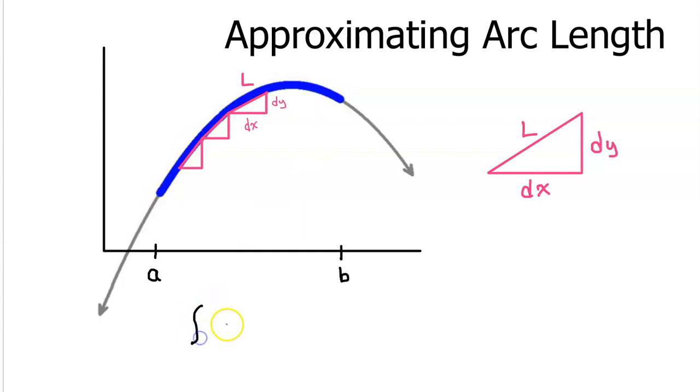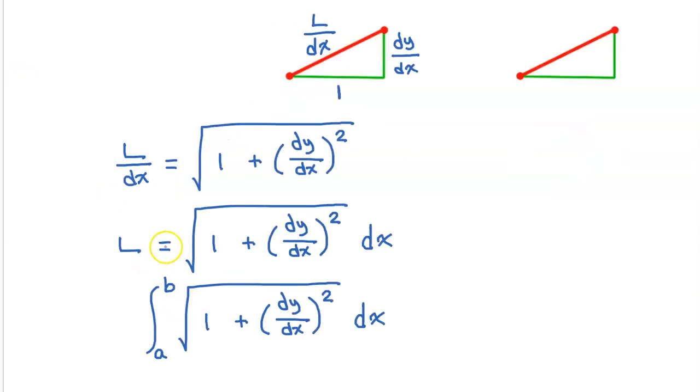So we need to integrate all of the L's from A to B. In this case, we are moving from left to right, so we will do it with respect to x. If we take our expression for a tiny segment L and add up all of the segments by integrating from A to B, we now have an expression for the entire arc length. We will now call it lowercase l.